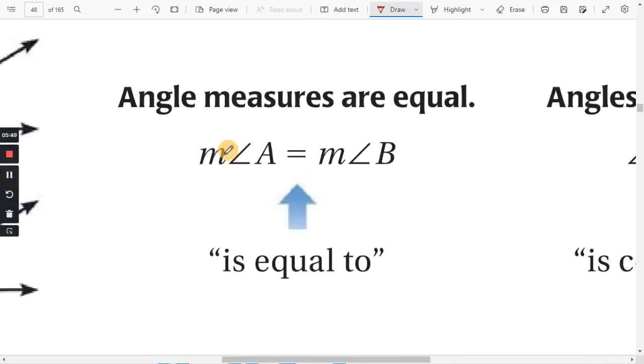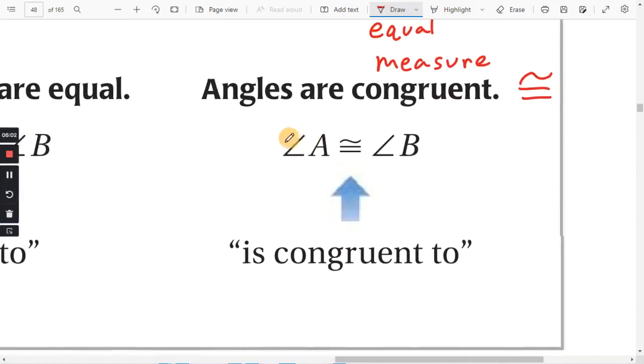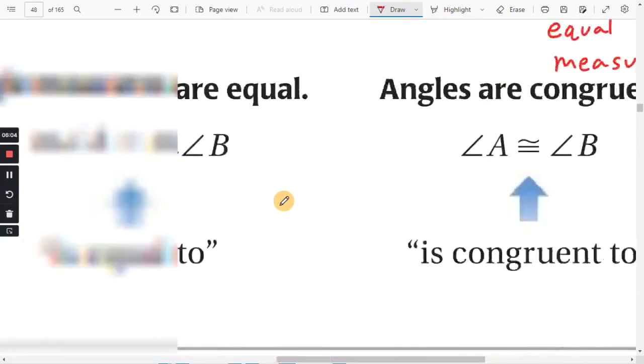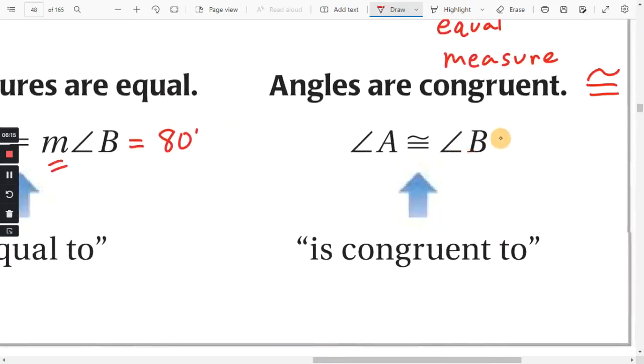Now, if you put the M symbol in the front, the measure of, you don't use congruent, you use the equal sign. Okay, so if you have the M in front, you say equal, but if there's no M in front, you say they're congruent. Okay, so when you have an M in front, you can attach a number to that. Like you can say 80 degrees because we're dealing with the measure. But if it's congruent, you're not really supposed to say 80 degrees.